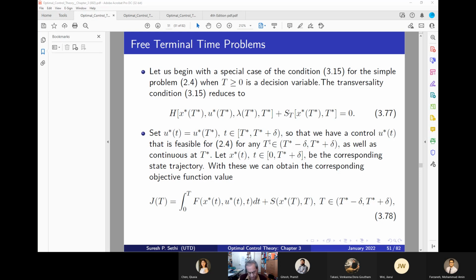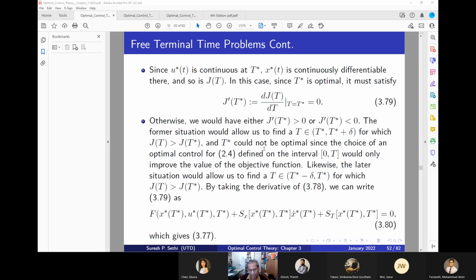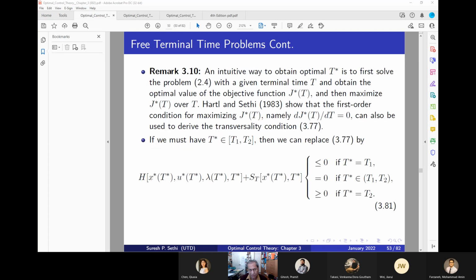This is an intuitive way of doing it, one way of doing it. But the other way of doing it is like this. There's a paper by myself and one of my postdocs that basically says this, which is a very simple way to think about it.